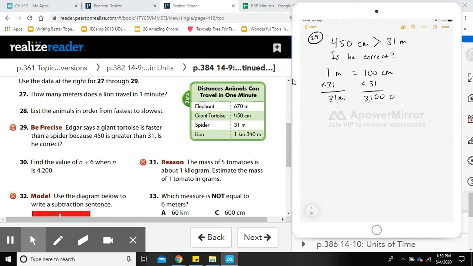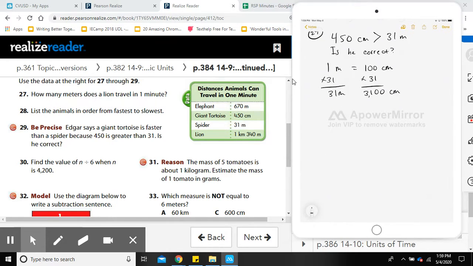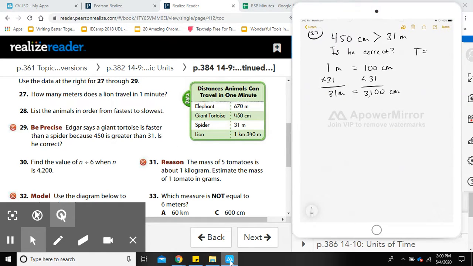Okay. So that means that the tortoise, I'm going to put T for tortoise, travels 450 centimeters in 1 minute.